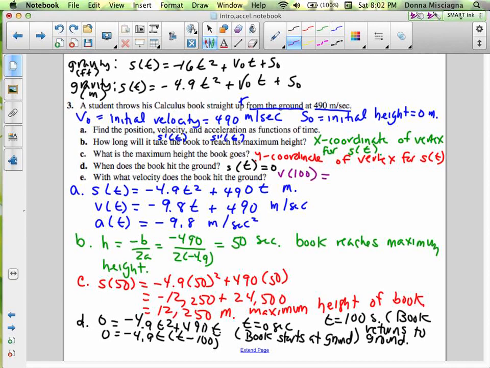That's negative 9.8 times 100 plus 490, so that's going to be negative 490 meters per second. That is the velocity when the book hits the ground. It's kind of interesting. Notice that we got the same speed as when you start to throw it up in the air as when it hits the ground.